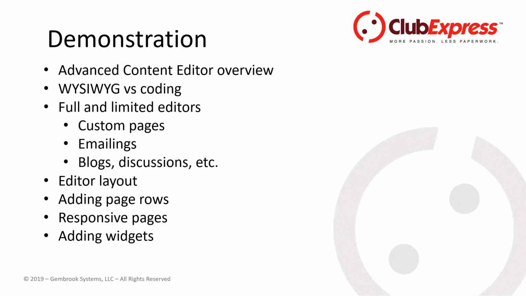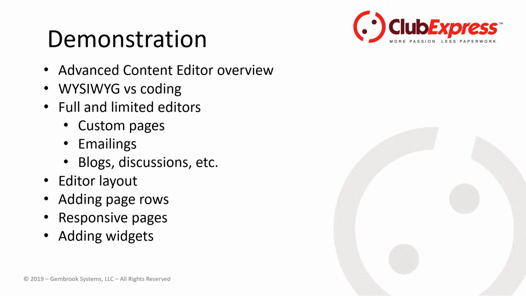So today we're going to be talking about the advanced content editor. We'll talk a little bit about the editor in general. And I want to talk a little bit about WYSIWYG, what you see is what you get, versus coding. We'll talk about the full editor and some of the limited versions of the editors. For example, the full editor is available when you're doing custom pages.